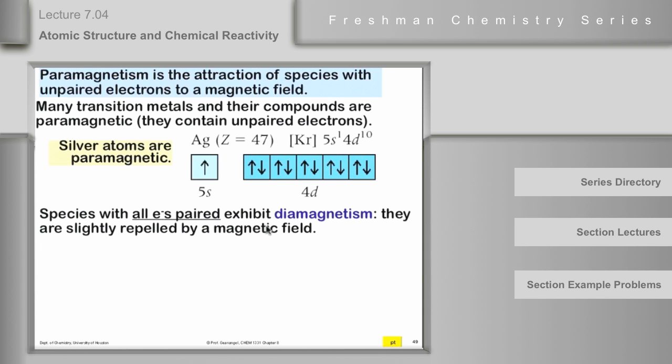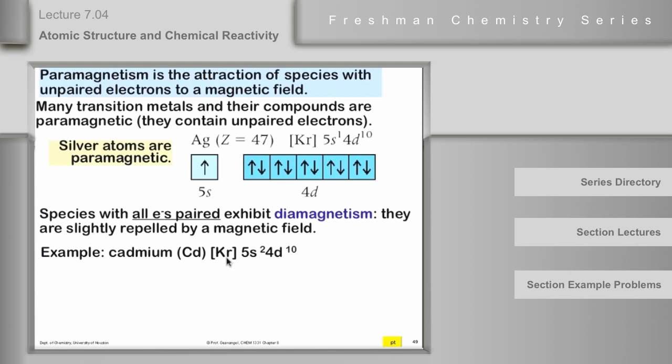And the difference is if you put a diamagnetic substance like sugar into that balance that we saw in the previous slide, and you balance it all out perfectly, and then you bring a magnetic field, all of a sudden it seems like the mass of the sample got less by a little bit. And that's what happens when you have a diamagnetic material. So we need to know about electron configurations to see whether they're paramagnetic or diamagnetic.